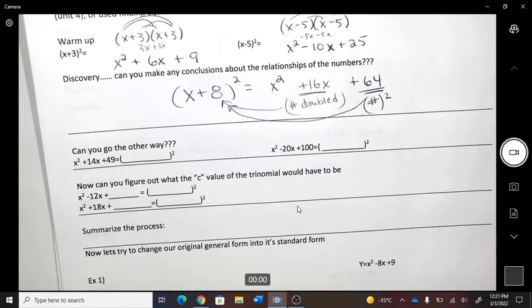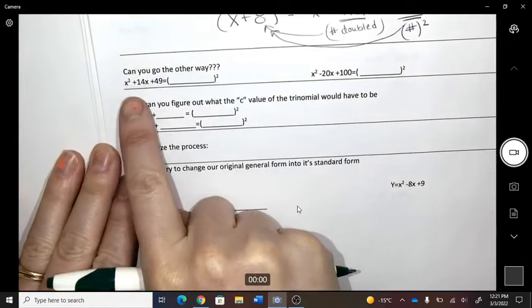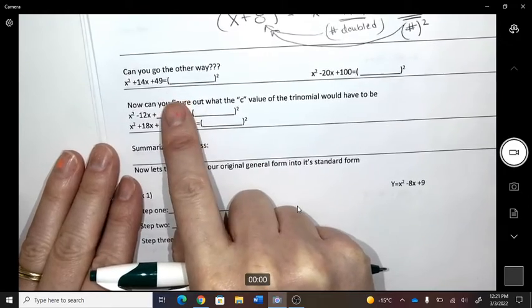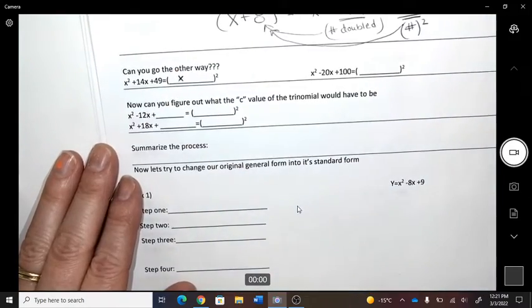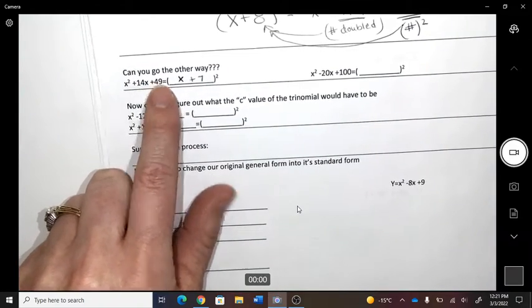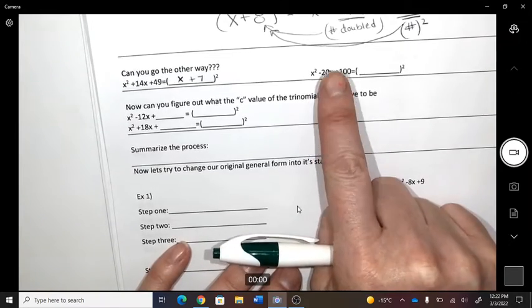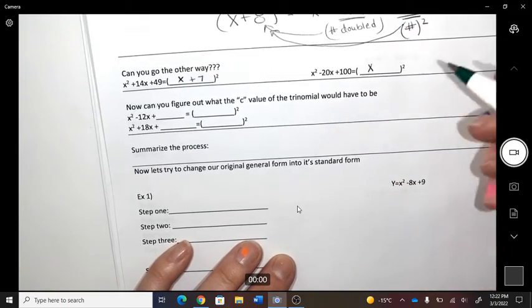Okay, now can we work backwards? Okay, if I have this trinomial, what was the binomial that I squared? So obviously this is an x plus 7, because it doubles and squares. Okay, next, this is an x, and then what number would work in that binomial?